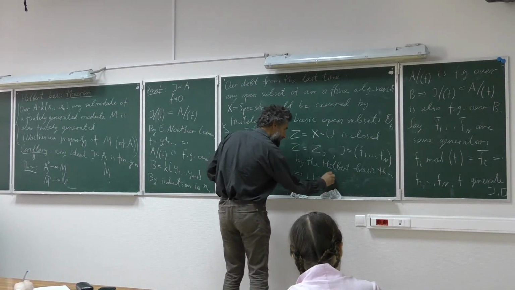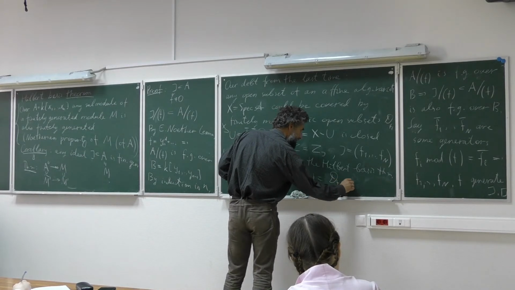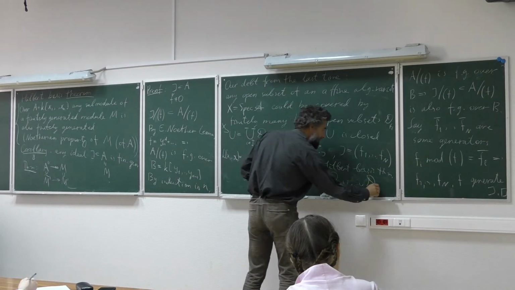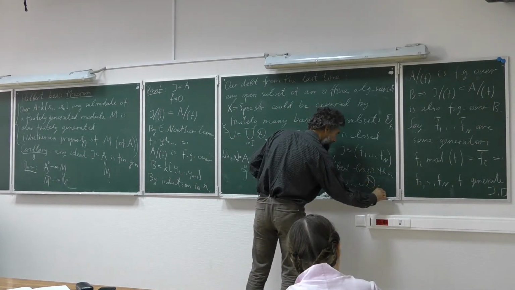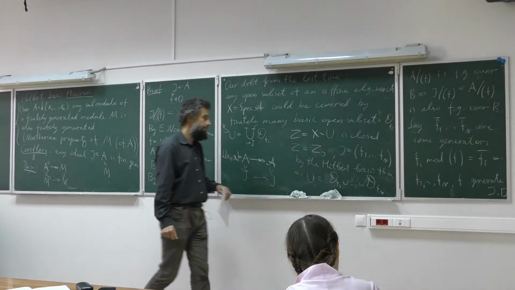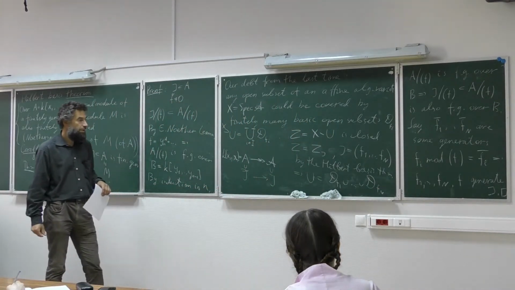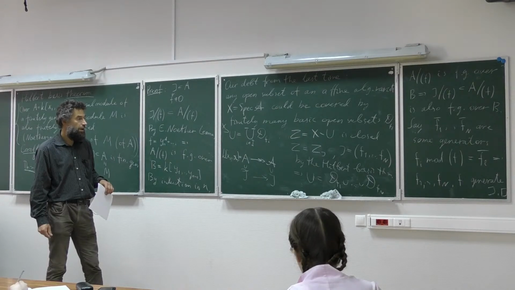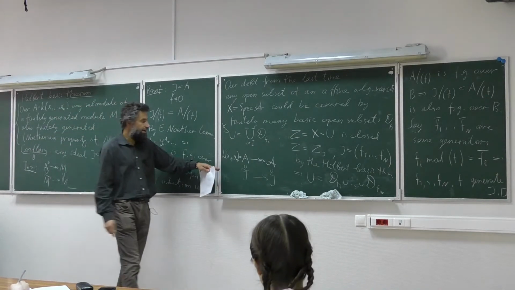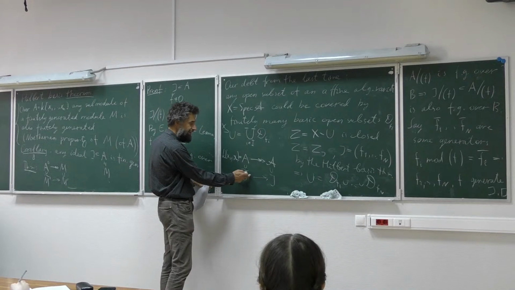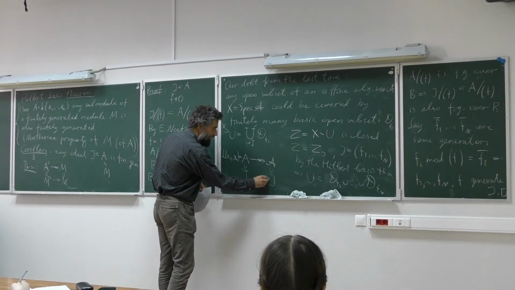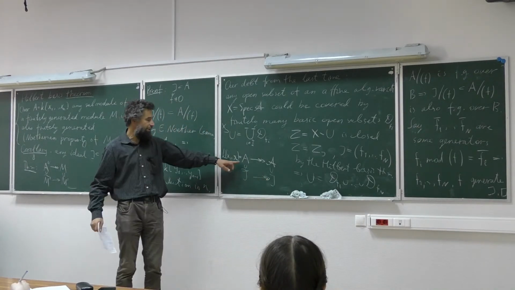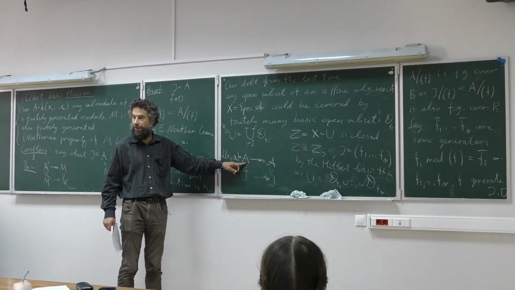Well, D F1, no, D F capital N. Once again, this J tilde, the full preimage, is an ideal in the polynomial algebra, and we know that it's finitely generated.